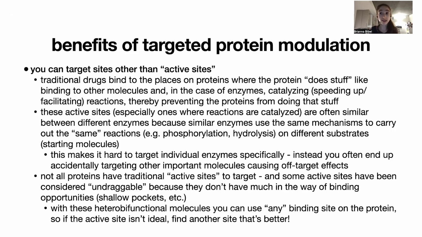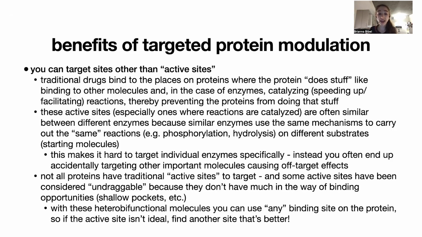The reason sites other than active sites aren't typically chosen is that, unless you're causing some sort of conformational change, some sort of shape change that makes the protein no longer active even though you're not inhibiting the heart of it, then you can cause inhibition. But this is not as likely.